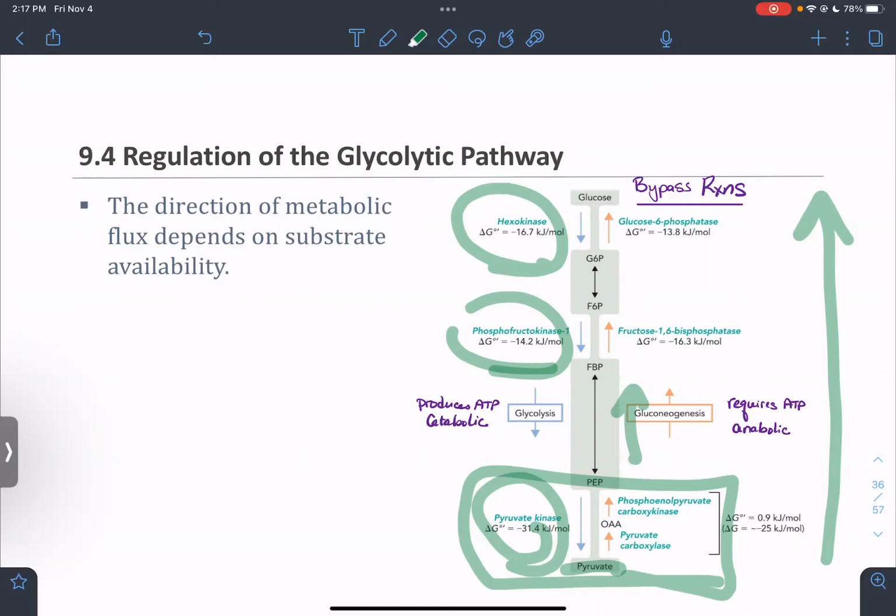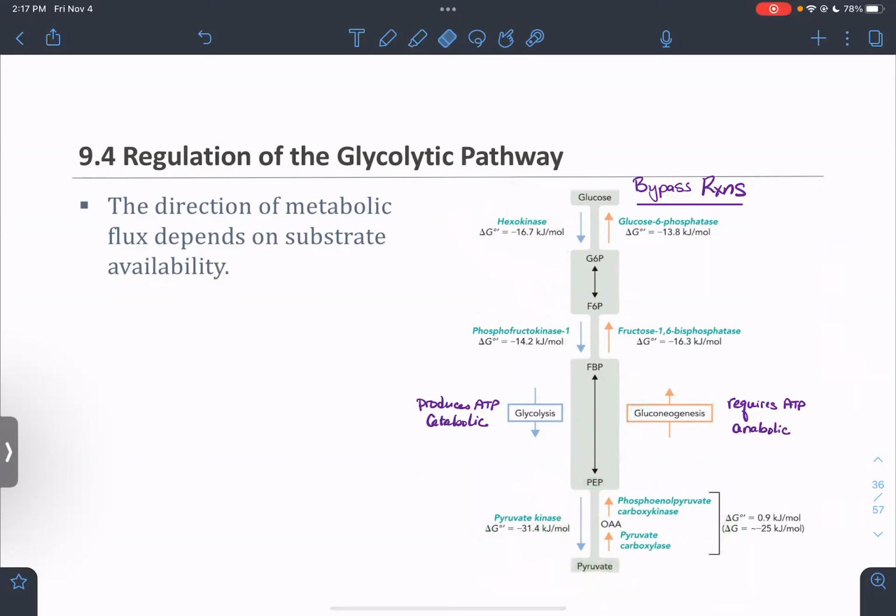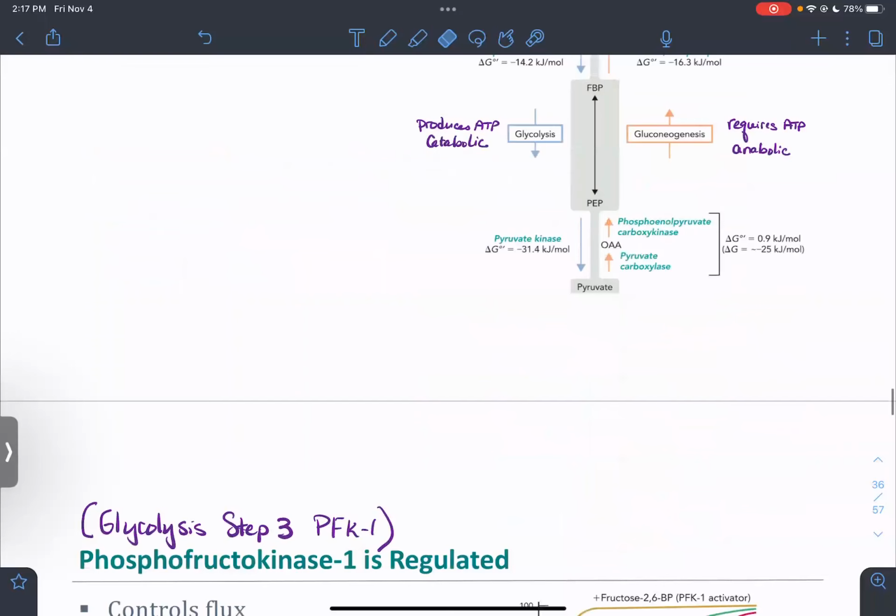Remember, these phosphatases pull off the phosphate groups that the kinases put on. So the same things happen in reverse, but we use different enzymes in order to flux between glycolysis and gluconeogenesis.